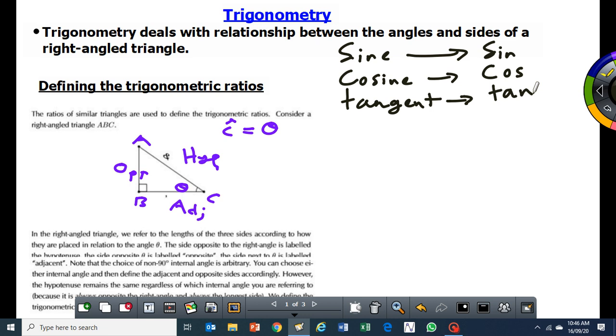Right. So with reference to this triangle, for the ratio sine we use the shortcut as I said. If I say sine of theta, it means theta will be the reference angle. The side opposite it is going to be AB. So sine of theta will always be equal to the opposite side divided by the hypotenuse.